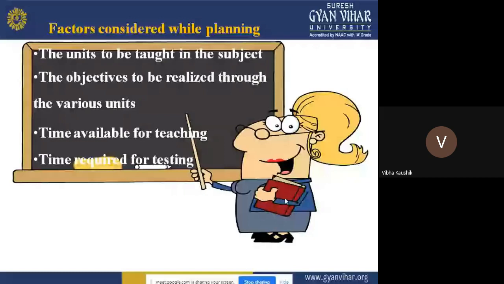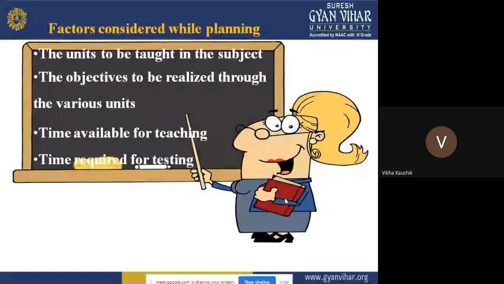Time available. It will include both curricular and co-curricular activities. Now, as a teacher, you have to decide what is the particular time that is available for teaching the students that particular subject or content. Now, the time available for teaching is the time that is available for teaching.